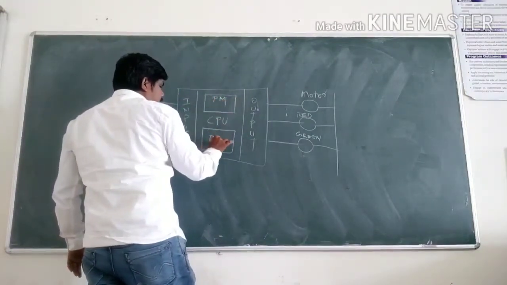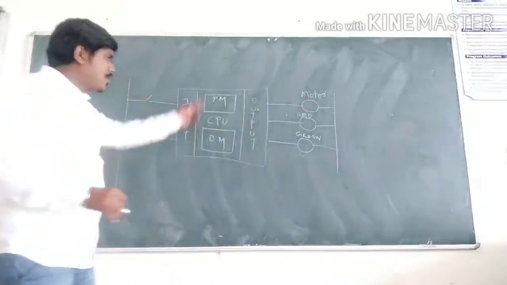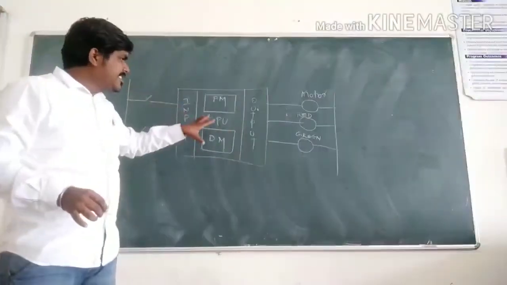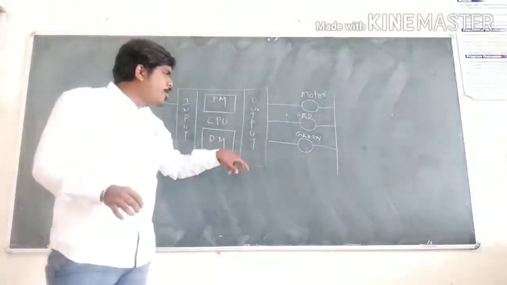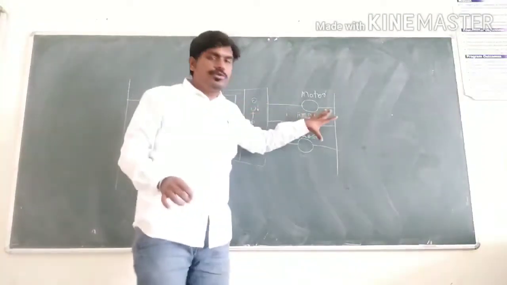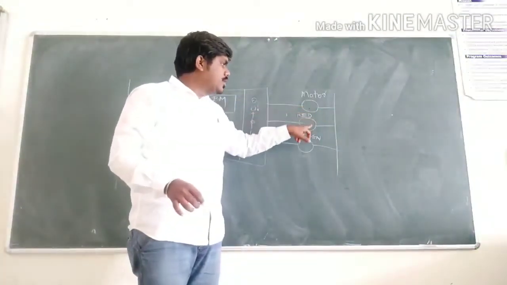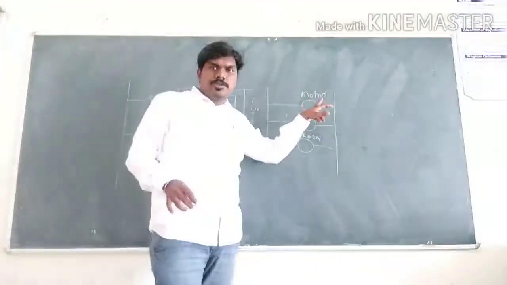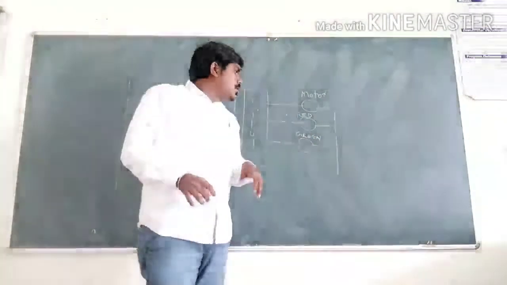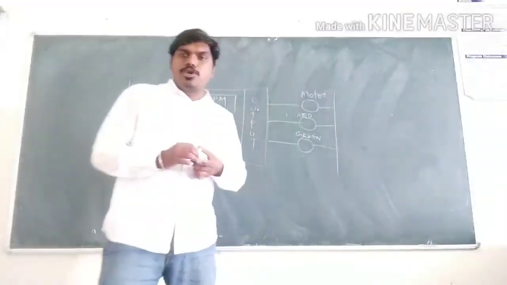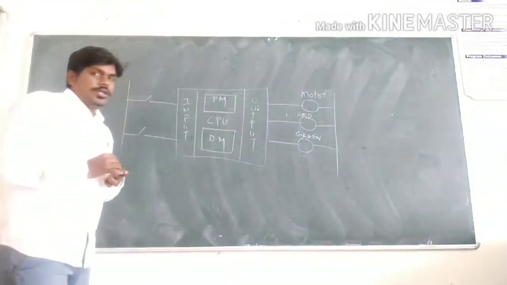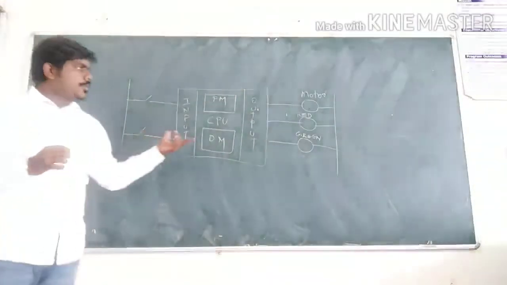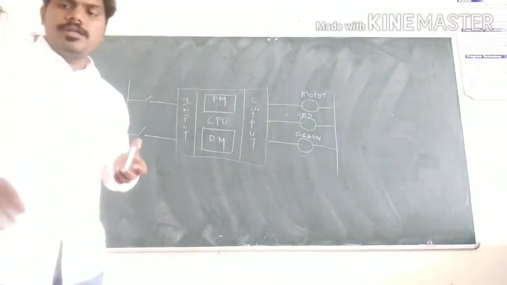Then we have the output, through which I have taken three outputs: the motor and two lamps, which indicate the on and off operation of the motor. So this was the simple representation of our PLC.